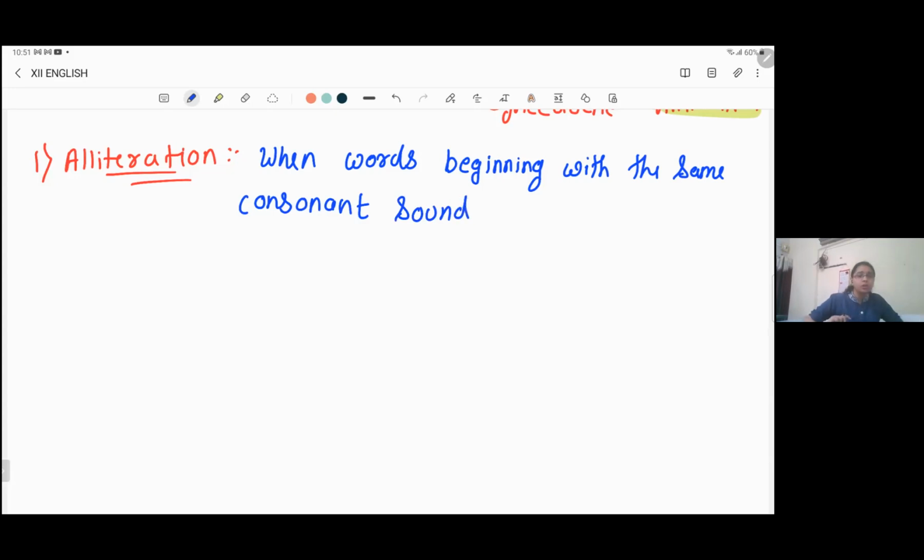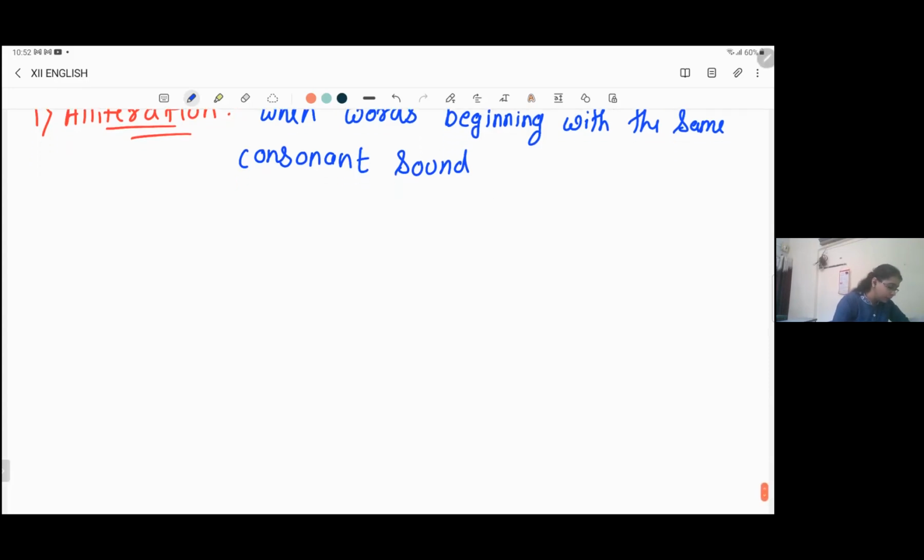You all know the consonant and vowel. Vowels are A, E, I, O, U and consonants are, besides the vowels A, E, I, O, U, all the letters, right? Clear? Now, I'll give you an example.